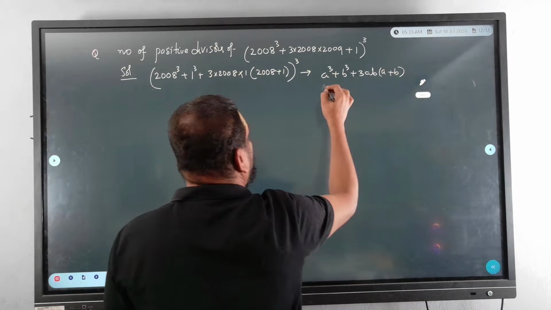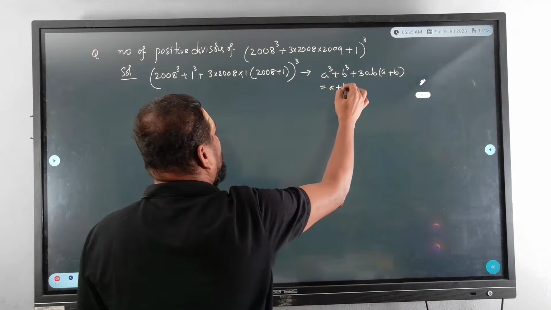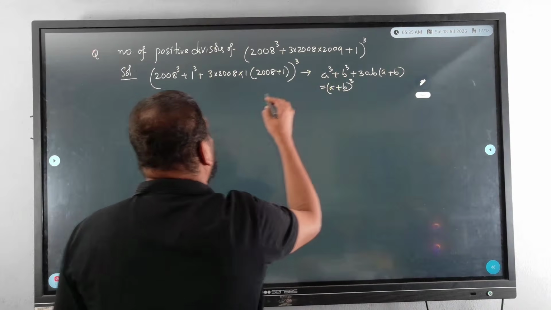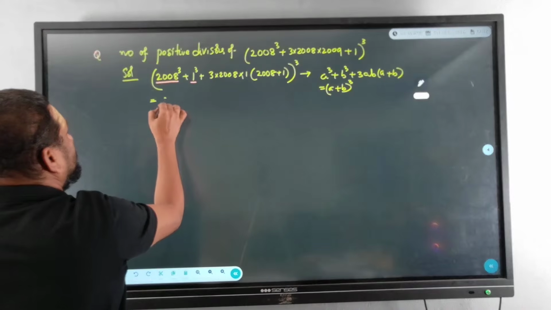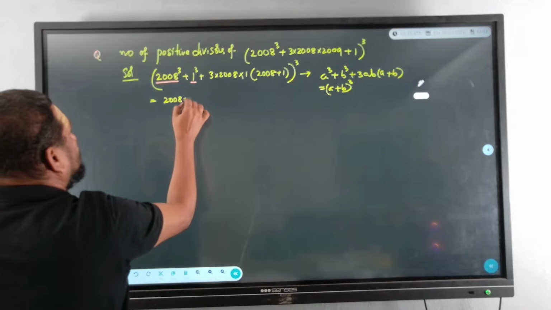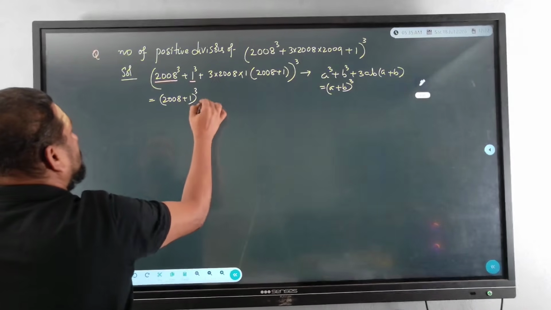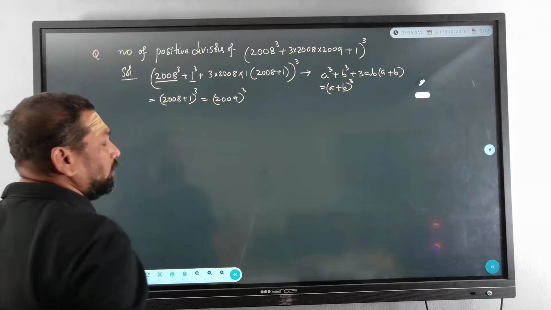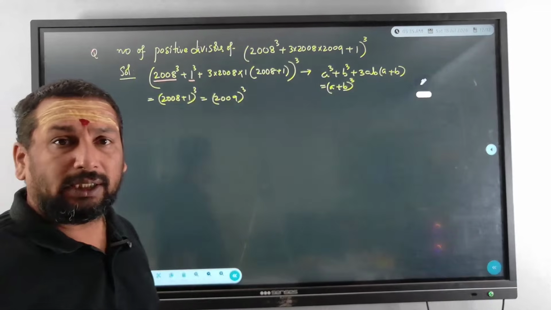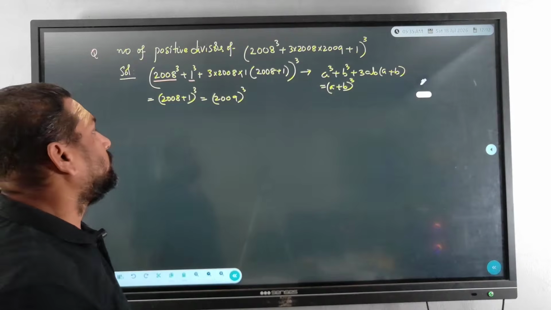This is nothing but a plus b whole cube. So here a is 2008 and b is 1. So 2008 plus 1 whole cube, so this is 2009 whole cube.